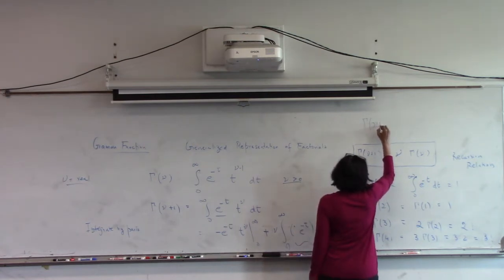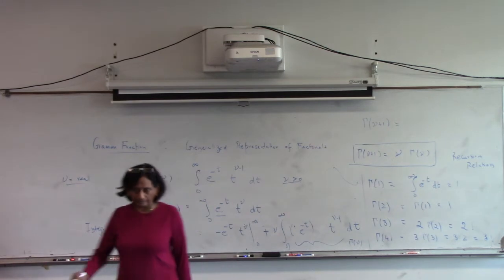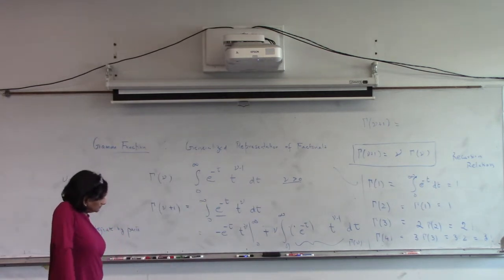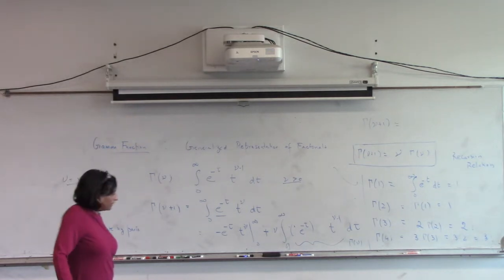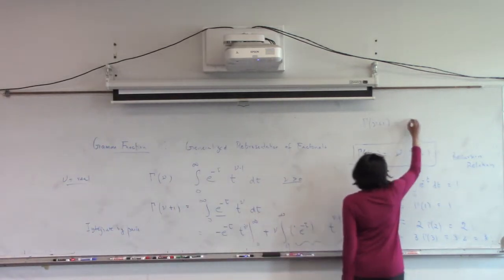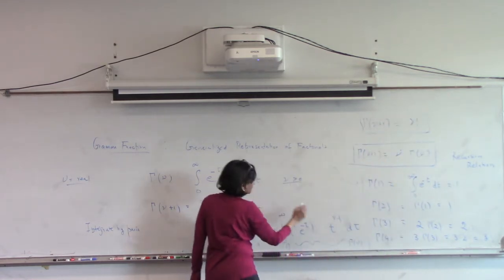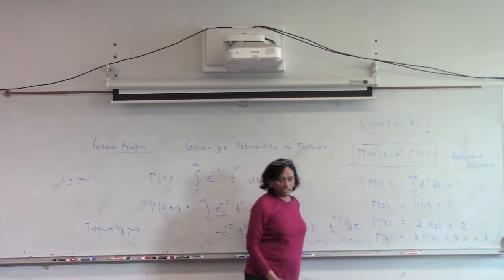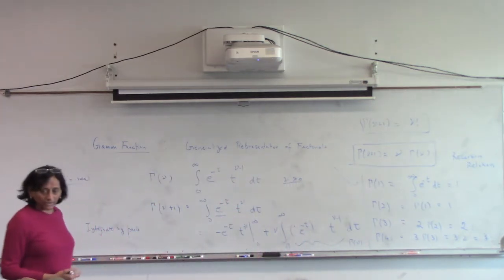So what can we say about gamma of nu plus 1? We say gamma of 3 is 2 factorial, gamma of 4 is 3 factorial, so gamma of nu plus 1 is nu factorial. So we have these properties. That's the definition of gamma function. We have this recursion relationship, gamma of n plus 1, which is nothing but n factorial.